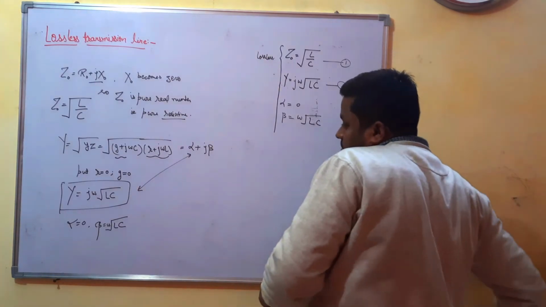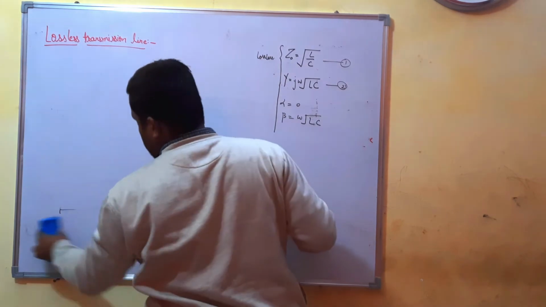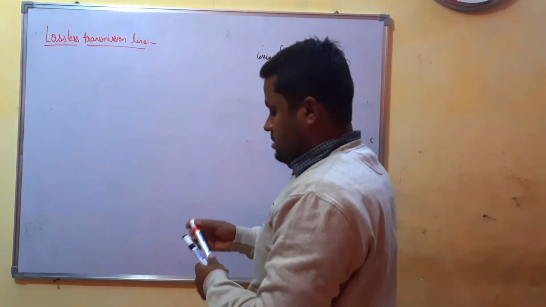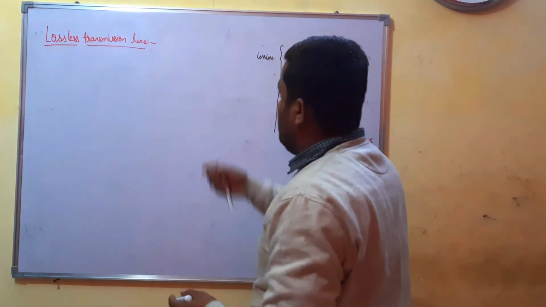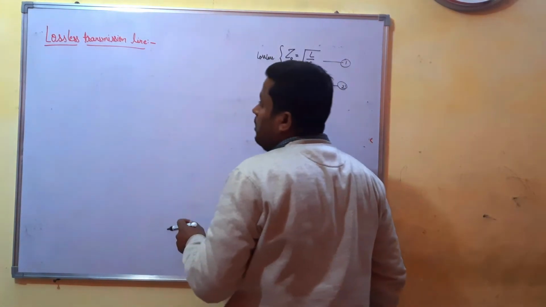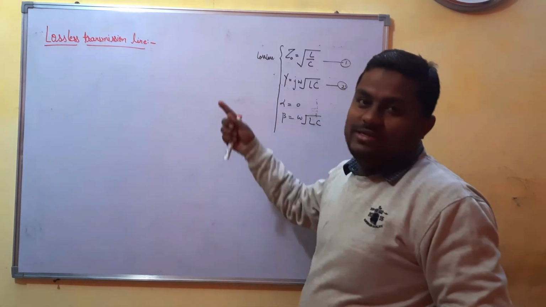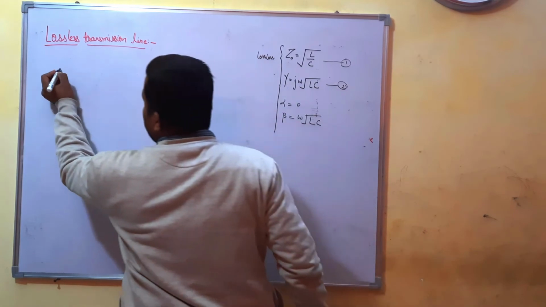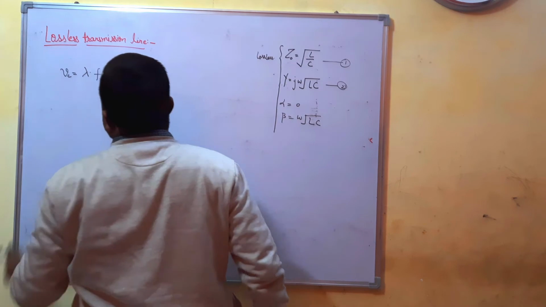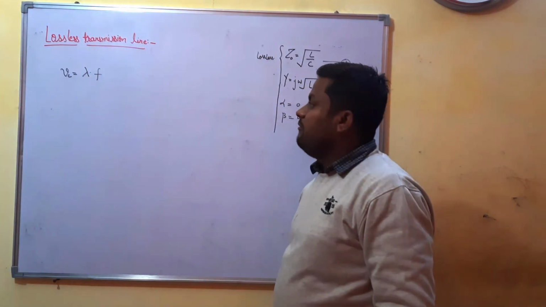Now again, if we consider the velocity of wave. What is wave? We have discussed it in our previous video. Velocity Vc can be written as lambda into f.